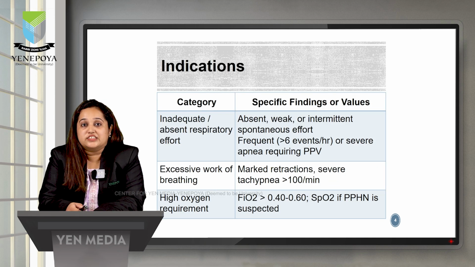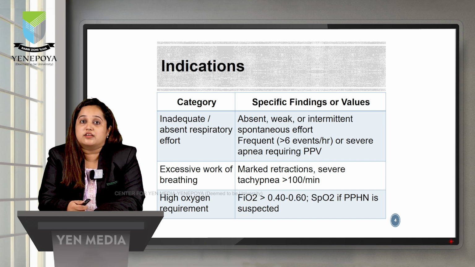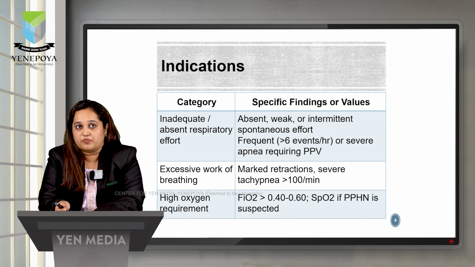So what are the indications, or when do we actually think about a baby requiring invasive mechanical support? So here are certain categories where I have defined how and when we can make sure the baby is going into invasive mechanical ventilation.